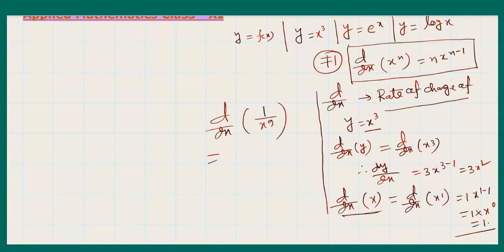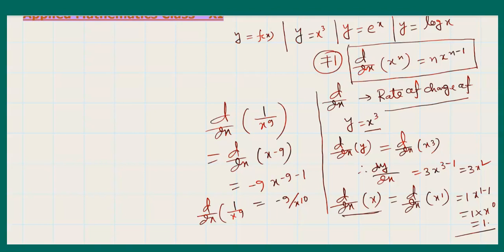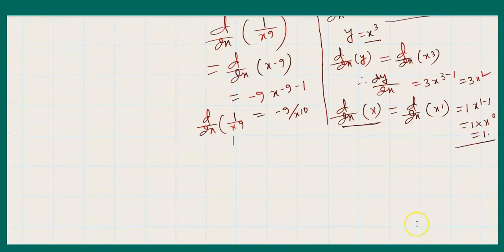You will say that this formula is there. It is the rate of change of x to the power minus 9. So use the formula: minus 9 x to the power minus 9 minus 1, so minus 9 by x to the power 10. You can write d/dx of 1 by x to the power 9 equal to minus 9 by x to the power 10.